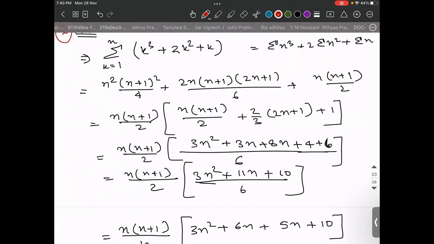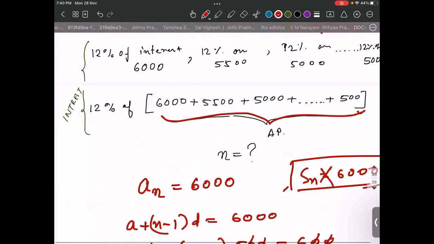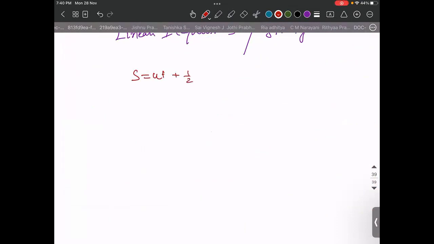Straight lines, what doubts you have? Thank you, sir. See, straight lines, you just need to understand this. You have been studying the straight line all the time, like in physics, right? S is equal to ut plus half at square. Is this a straight line?